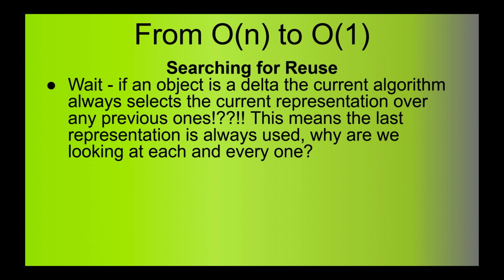But for all the deltas, which is mostly everything, it just picked the last one on the assumption that the last one was going to be in the largest pack file. And the largest pack file would be the one with the bitmaps, the one that deltifies better and everything like that. So that was the assumption. I'm like, well, why don't we just search in the reverse order and pick the first one and shortcut?